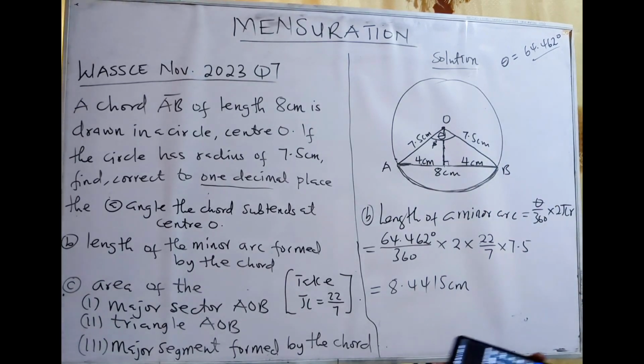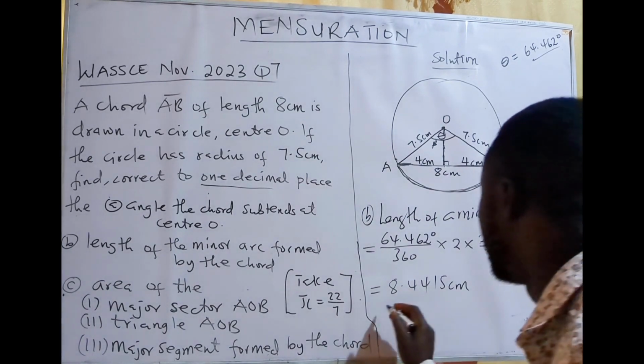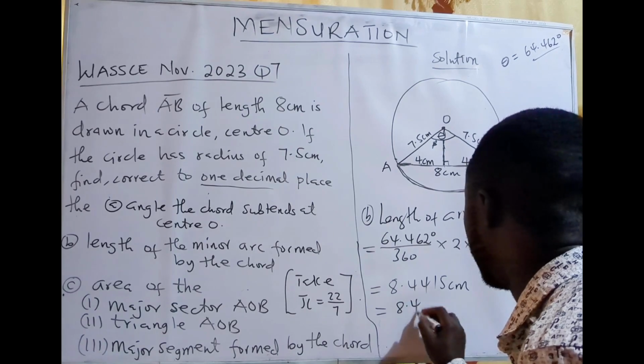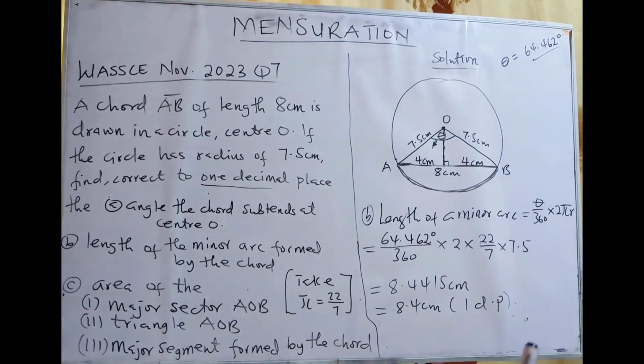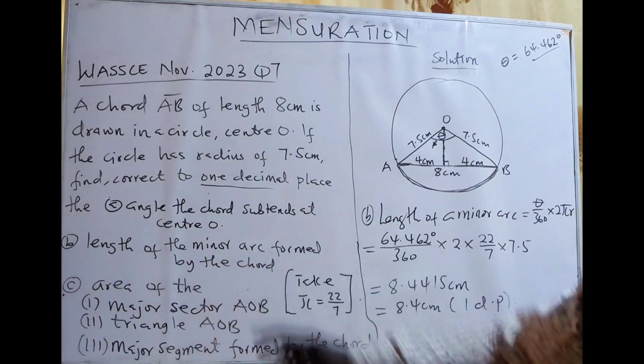We were asked to correct to 1 decimal place, so we get 8.4 centimeters. So this is the length of the minor arc.